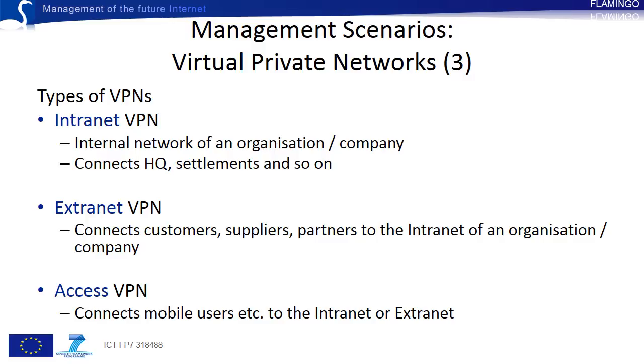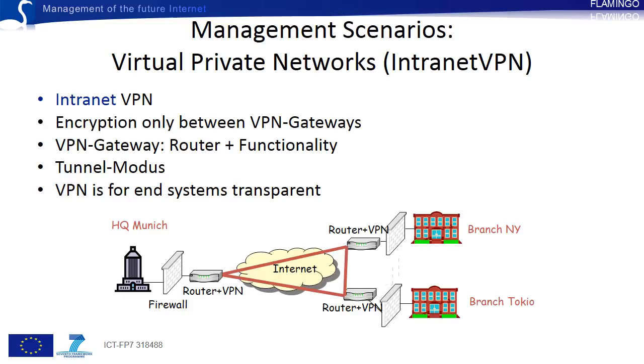In the following I will describe the three types of virtual private networks. The intranet VPN is built up between different departments of an organization. In this case, the connection is only encrypted between the VPN gateways. Here we see three VPN gateways which are fully connected.